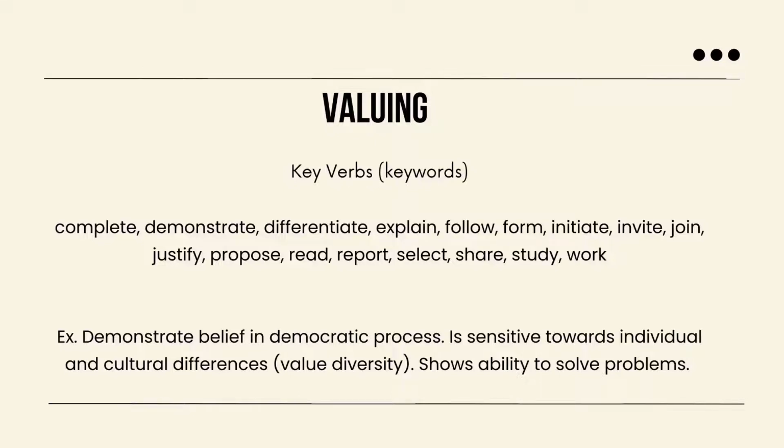We can use these illustrative verbs to construct our learning outcomes such as complete, demonstrate, differentiate, explain, follow, form, initiate, invite, and etc. In this level, the student is not only receiving and responding but should also show value or find and attach value to something.